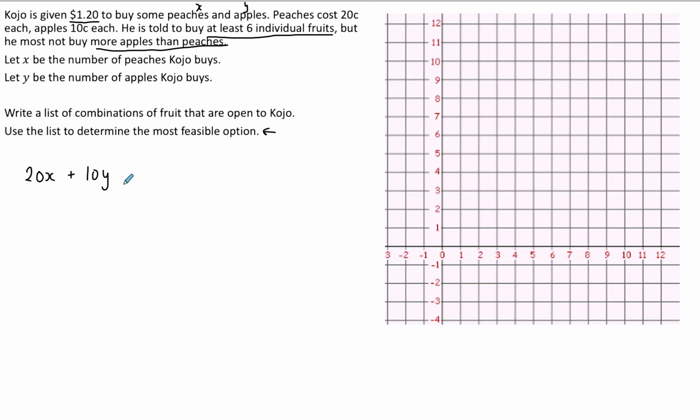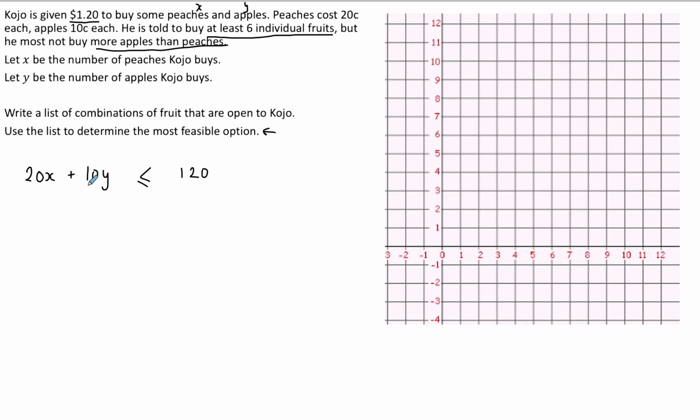A combination of this should be less than or equal to $1.20, but because I'm using cents, I need this to be in cents as well, so you need to multiply by 100, so I need 120. Now, what do we put here? Well, the cost can't be more than 120, has to be less than or equal to 120. So this is what you're going to put.